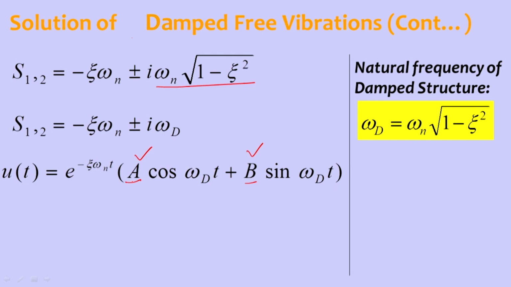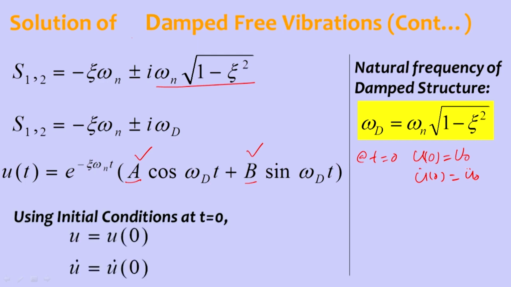We have two initial conditions: at time t equal to 0, u is u0 and u dot is u dot 0. So initial displacement as well as initial velocity. These two conditions we need to use.